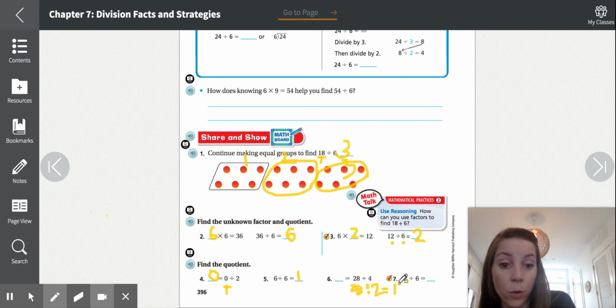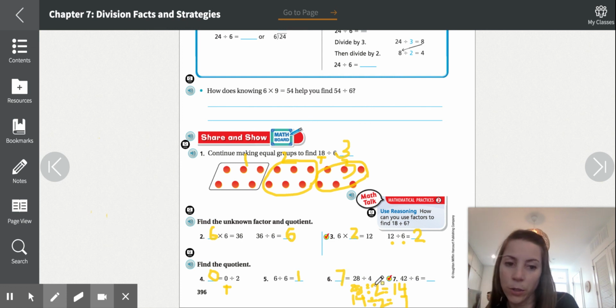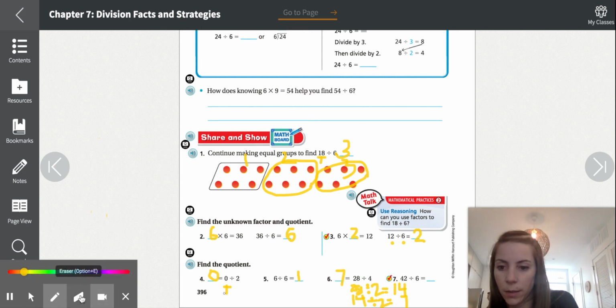But then we have to do it again because we're supposed to divide by 4. So now 14 divided by 2. Cut 14 in half. 7 is the double. So this one should have been 7. I think that's my favorite strategy to use for 4s because we're really good at dividing by 2.